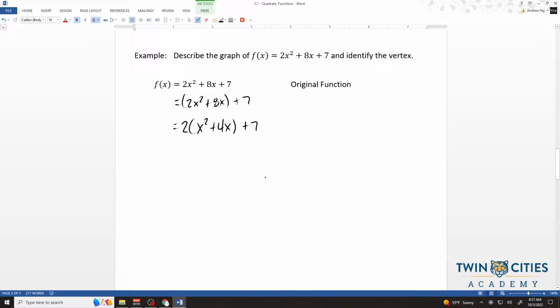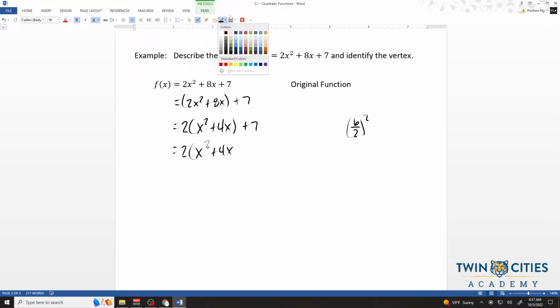All right, now the important part. What I want to do is inside of these parentheses, I want to add and subtract b over 2 squared. Now, what is b? In this case, b is 4. So everything remains the same: 2 times the quantity x squared plus 4x.